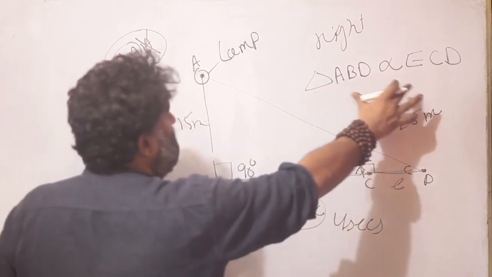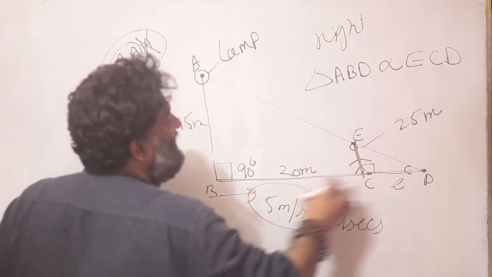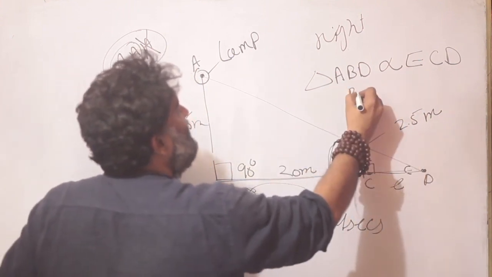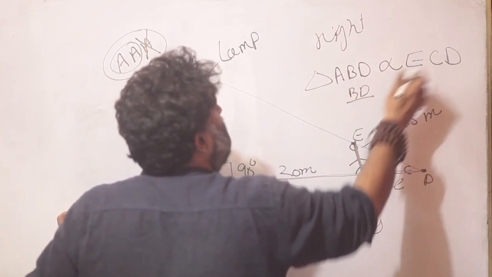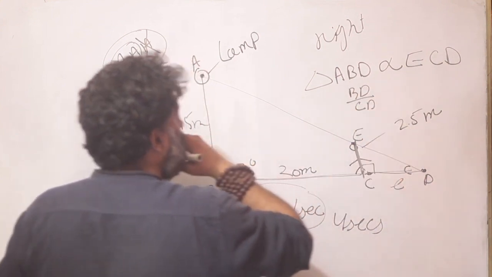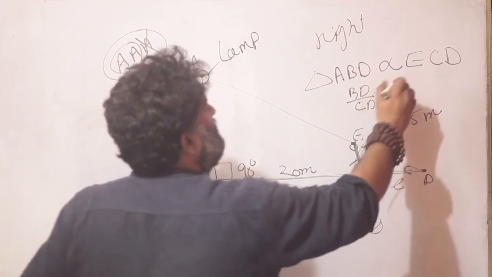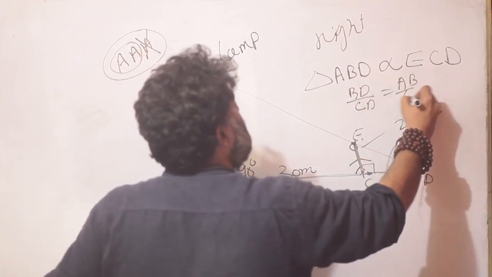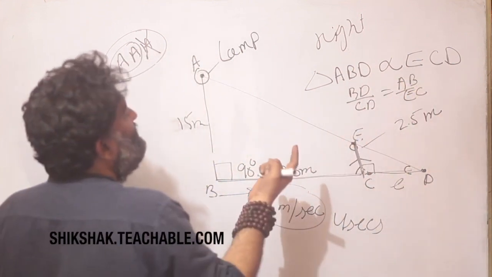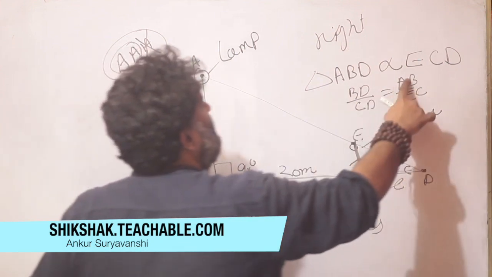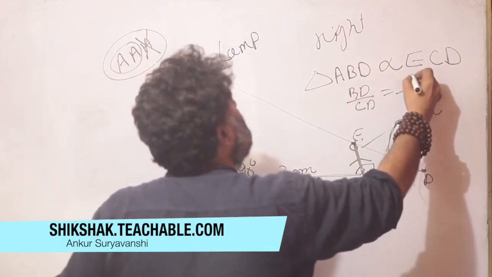And if I think of the big triangle and I think of this side BD, that means BD upon CD is the same as AB upon EC. Now if I notice I have AB as 15 meters, so this is 15.